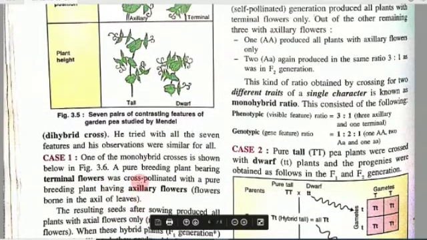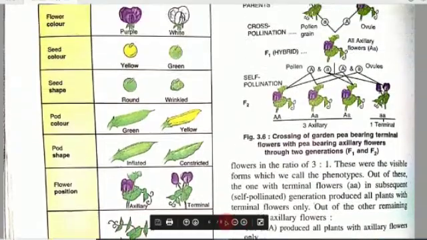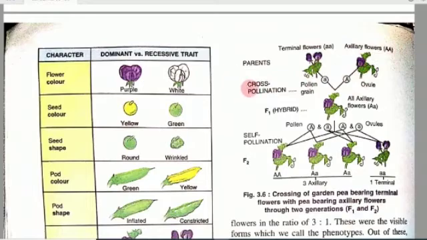The symbol for terminal flower is small a, and for axillary flower capital A. These come as the parents. Then they did cross pollination, the transfer of pollen grains from the male plant to the female plant. They are considered either male or female here.